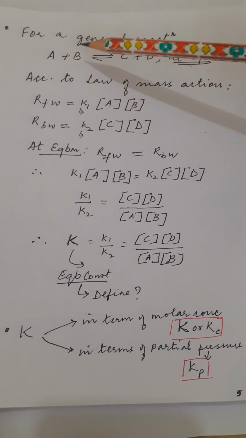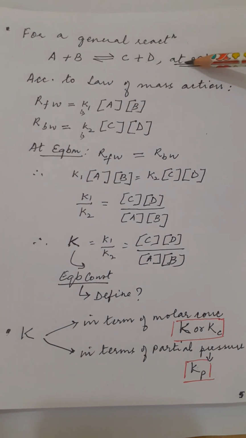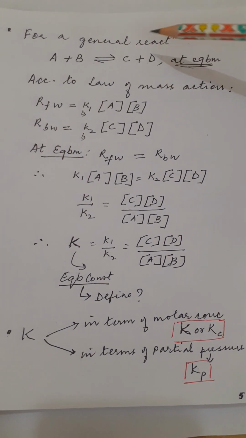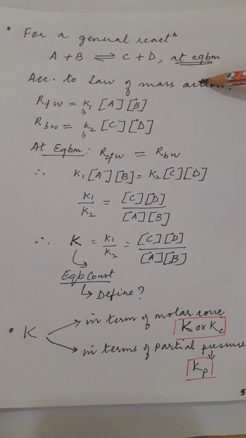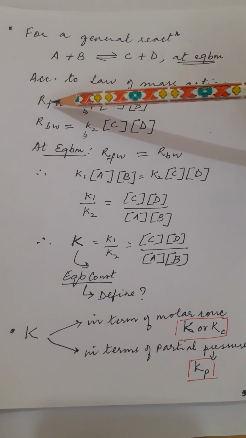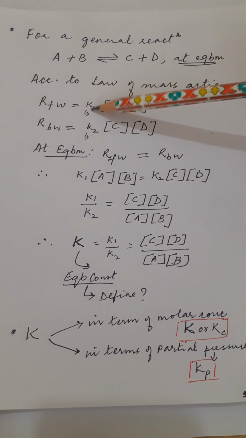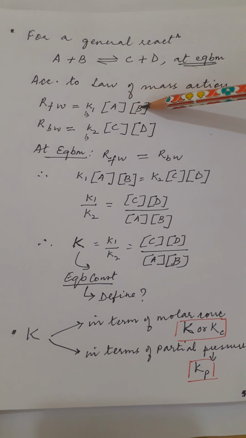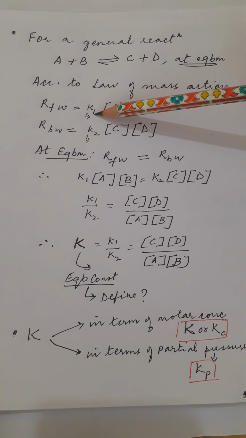So we have A plus B, the reactants, reversible C plus D, and this equation is at equilibrium. According to the law of mass action, the rate of the forward reaction would be the rate constant times the product of the concentrations of reactants. K1 I represent as the rate constant for the forward reaction.